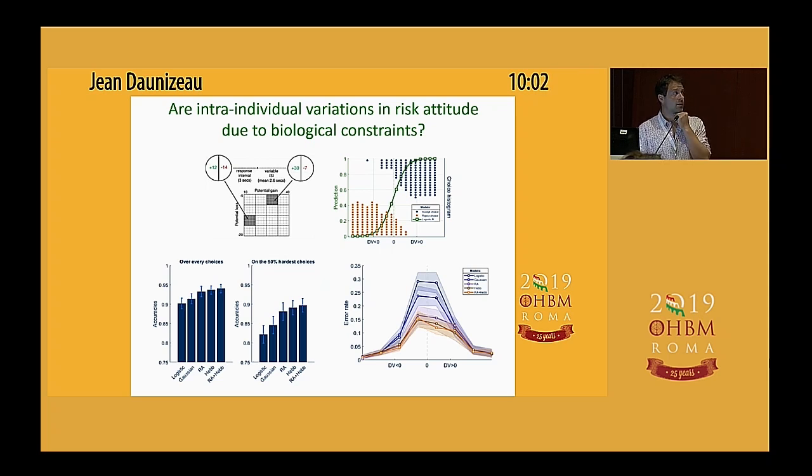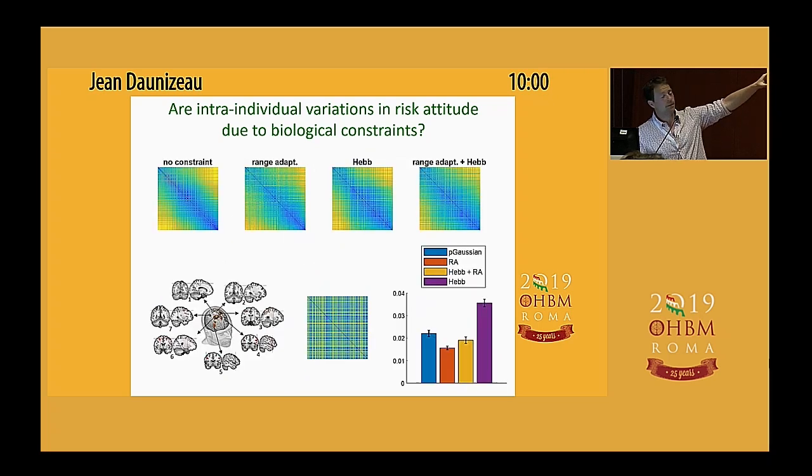So RSA is useful for that. This is, for one participant, the typical similarity matrices that you get from having no constraints, range adaptation, Hebbian plasticity, or the combination of the two. And we took the regions we had identified with the mediation analysis to quantify how well these similarity matrices represent or predict the similarity matrices of fMRI data.